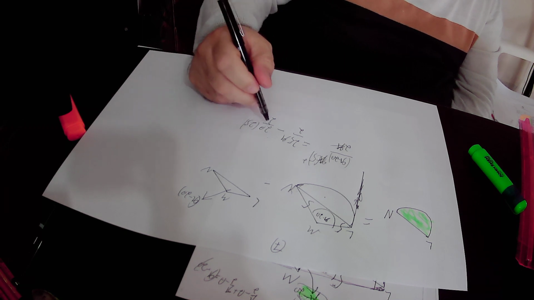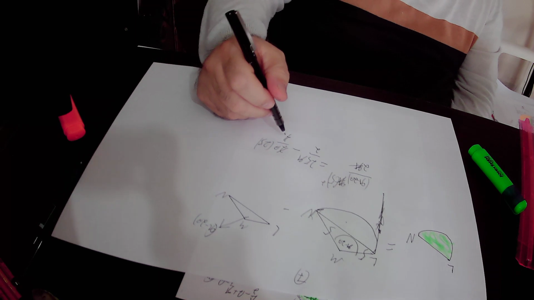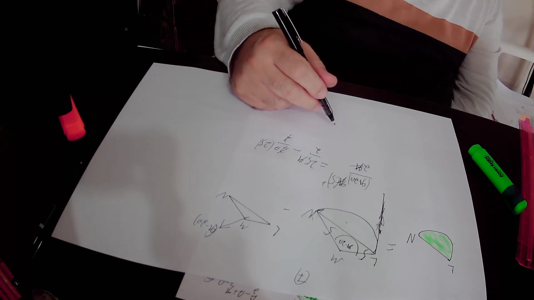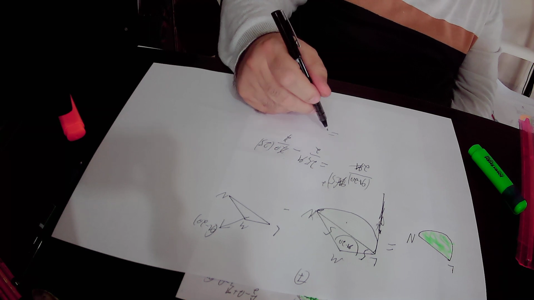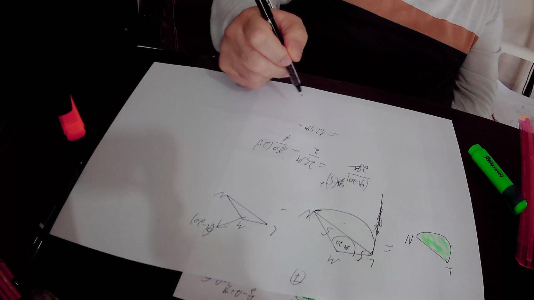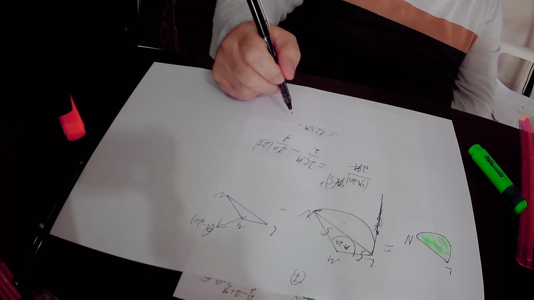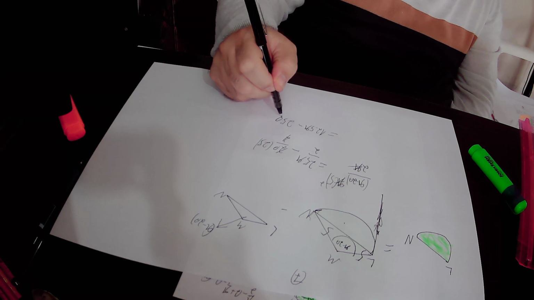Here we have 2 in the numerator and 2 in the denominator, so 2 will get cancelled. So in conclusion, the area of sector LMN equals 25 over 2, which is 12.5 pi minus 25 theta.